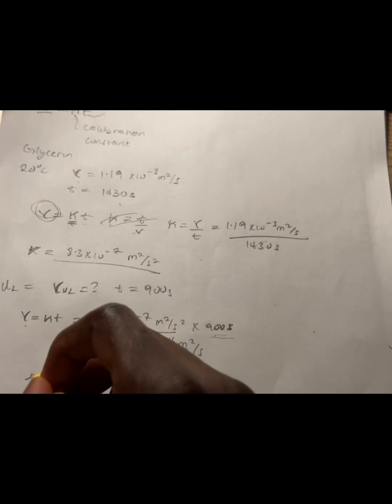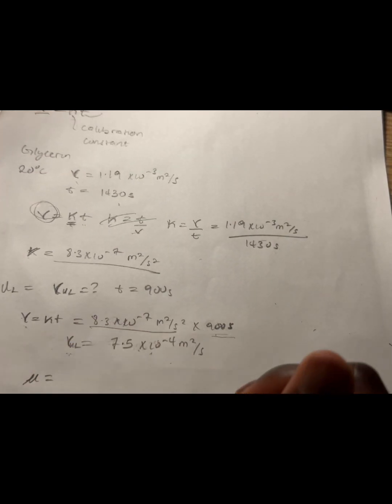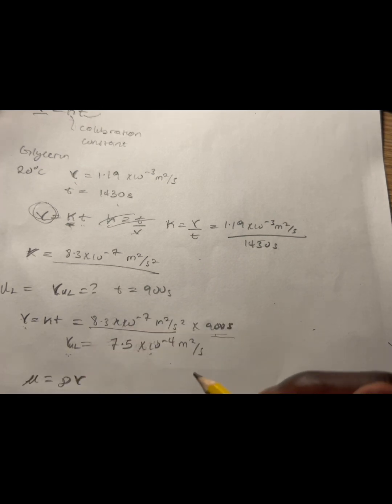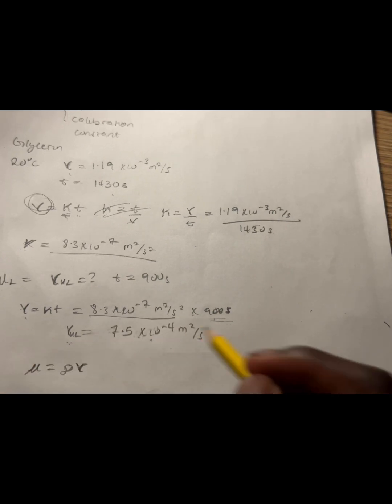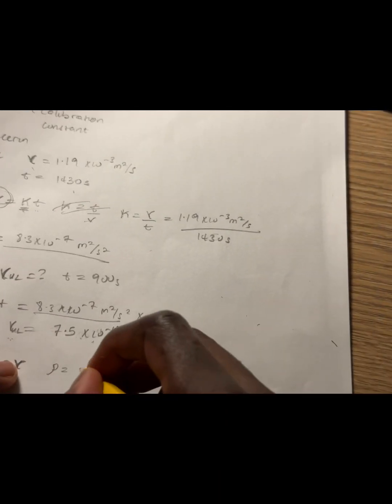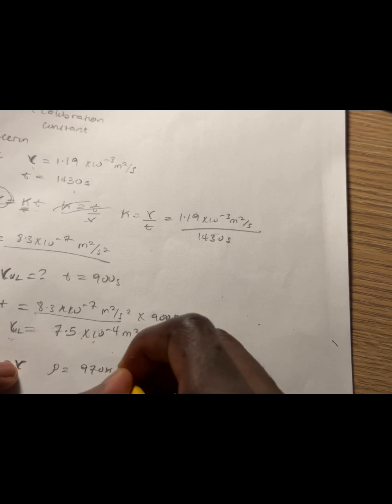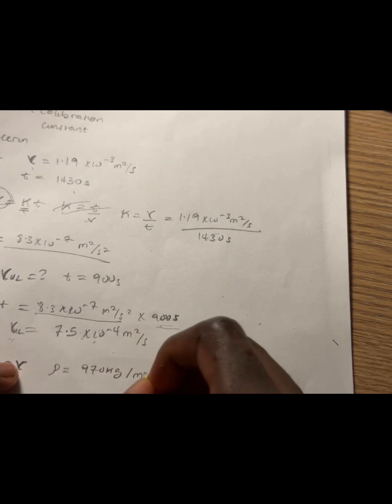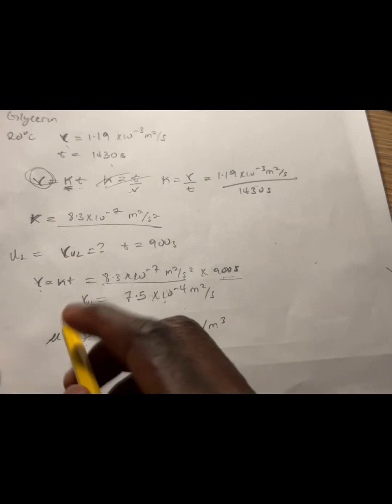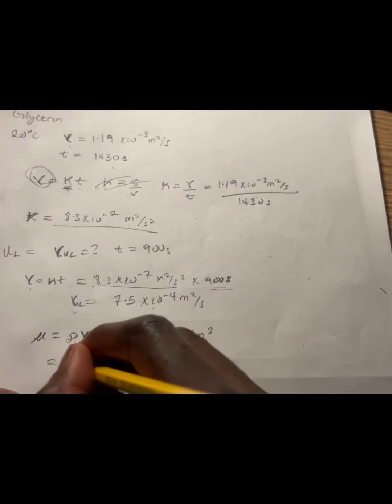So dynamic viscosity mu is equal to rho times the kinematic viscosity. If the density of the unknown liquid is also known and is given as 970 kilograms per meter cubed, we can use that in this formula. Again, not rocket science, pretty simple algebra.